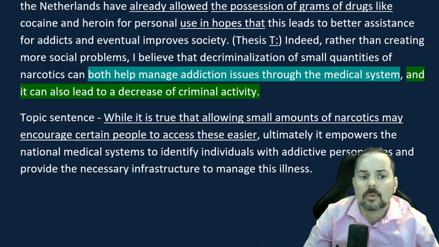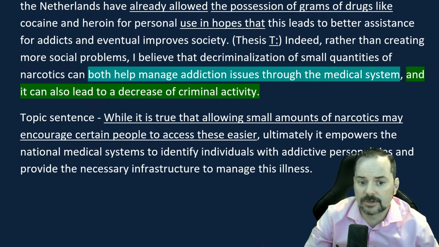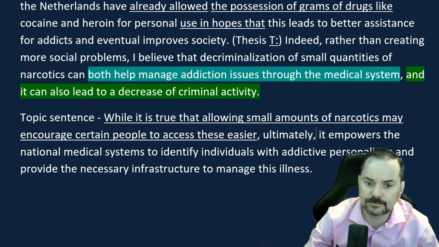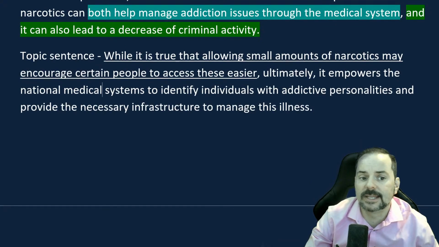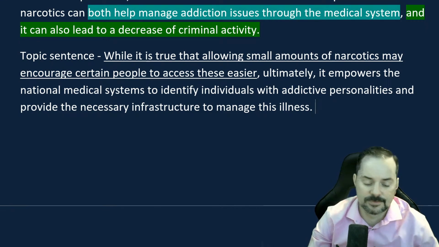So while it is true that allowing small amounts of narcotics may encourage certain people to access these easier, ultimately, it empowers. Empowers means to give power. The national medical system to identify individuals with addictive personalities and provide the necessary infrastructure to manage this illness.